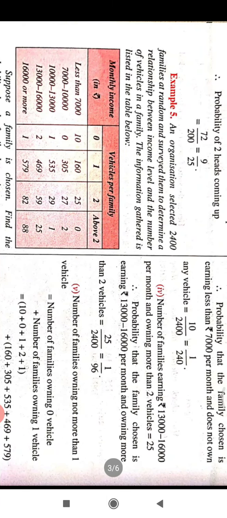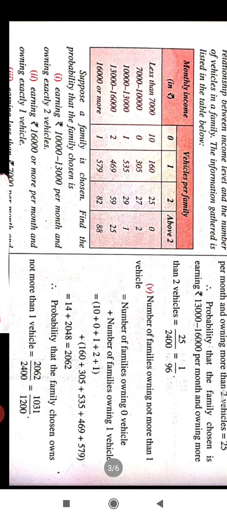Now cut it. 25 ones are 25, and if you divide 2400 by 25, you will obtain 96. So 25 ones are 25 and 25 multiplied by 96 equals 2400. 25 will be cut and the answer will be 1 upon 96.